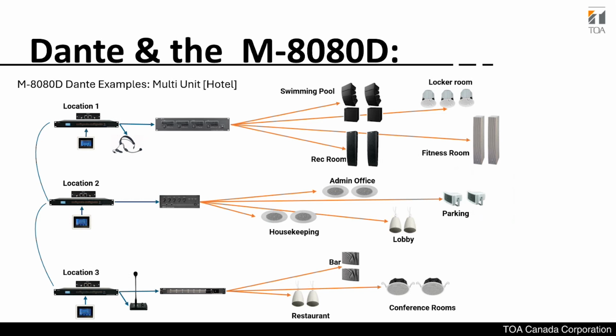Here is another example with location one, location two, and location three. We have a swimming pool, admin office, bar, and restaurant, with multiple things, and everything is connected to the Dante network. That's the good point with Dante. We can have a small-scale project, and even a large-scale project.